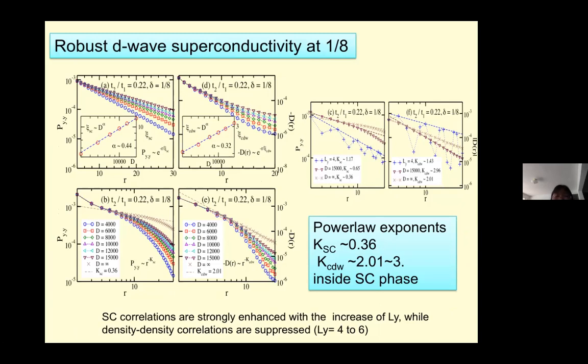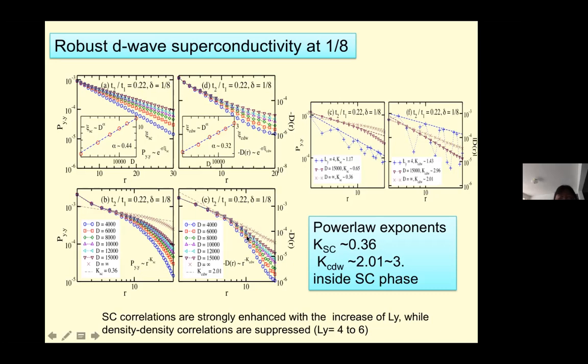We also look at the data at doping 1/8 and 1/6. Here is an example at doping 1/8. We see the same exponential decay, with the correlation length increasing with bond dimension with a trend of divergence. Then the scaled data gives power law behavior for the superconducting correlation with the exponent still around 0.36.